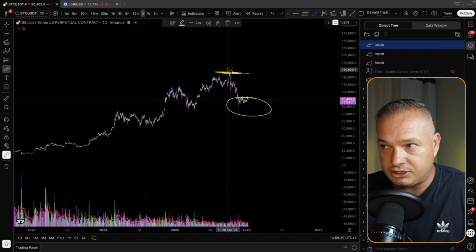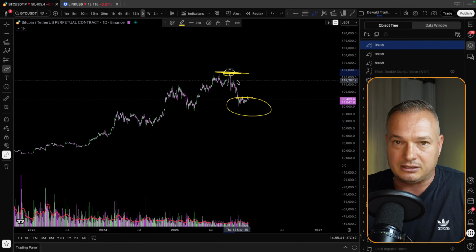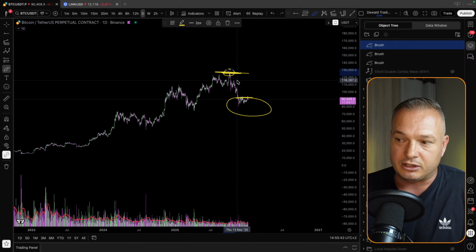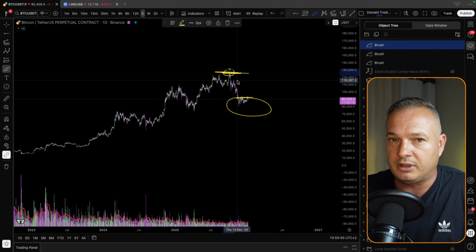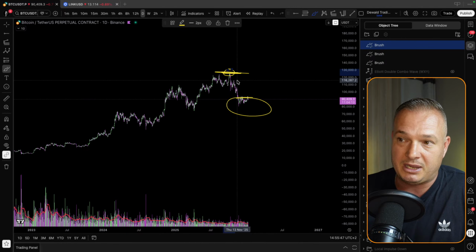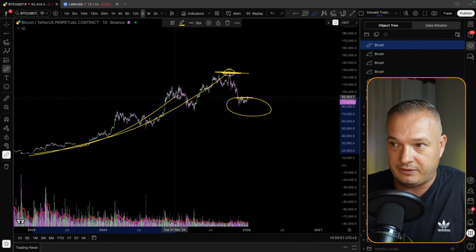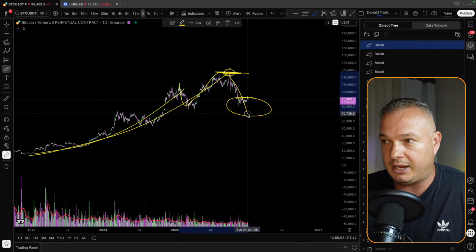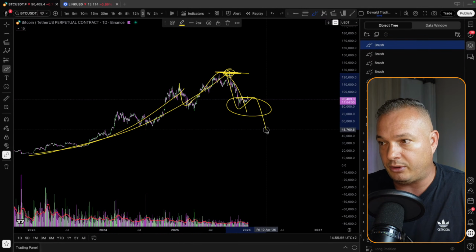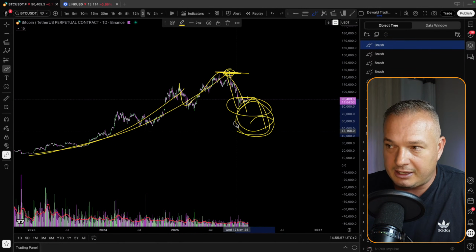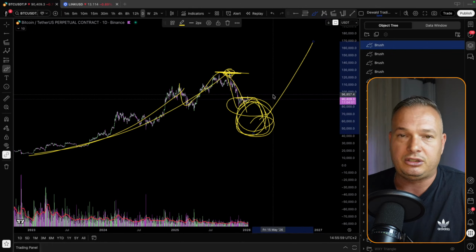There's a very high chance to claim this high again. So I'm still holding on. And there's a good chance that that's going to happen in 2026. Still 12 months, guys. You have an impulse, you form a correction, and there's a high chance you're going to form a higher low and continue to the upside.